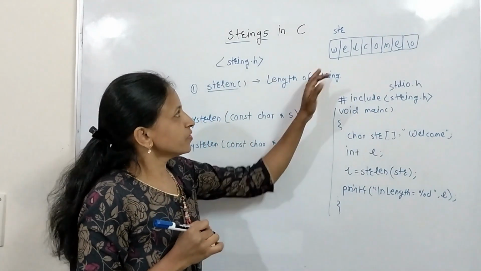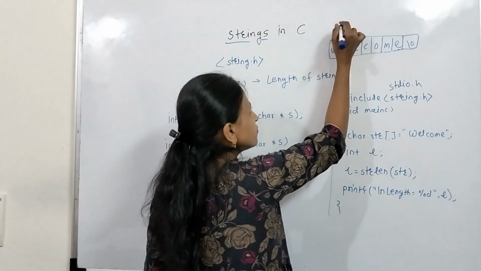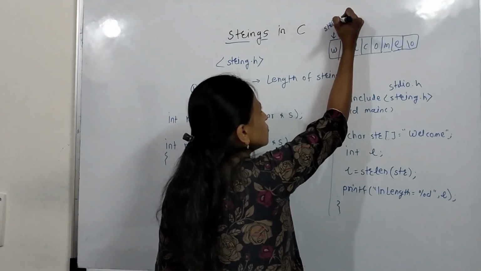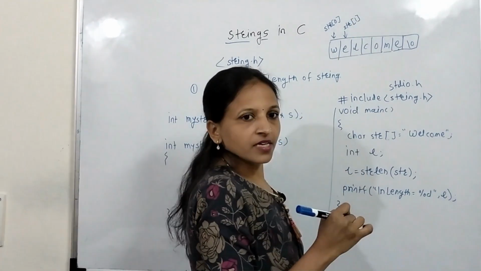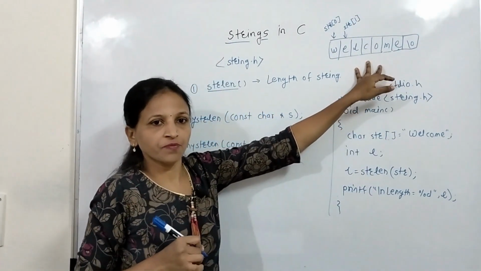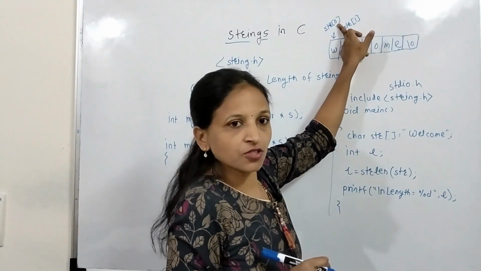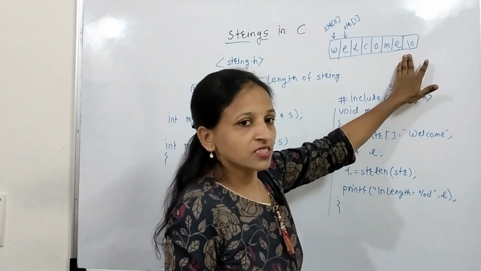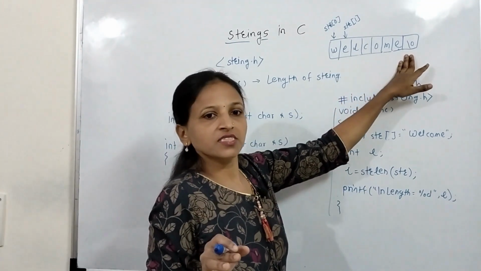This is str, this is an array. Of course we can fetch the first element using str of 0, then str of 1, just like an array, because internally this is an array. And how to fetch array elements? Using index, which starts with 0 and ends with size minus 1. Here the size of this array is 8, that's why the index will be from 0 to 7.